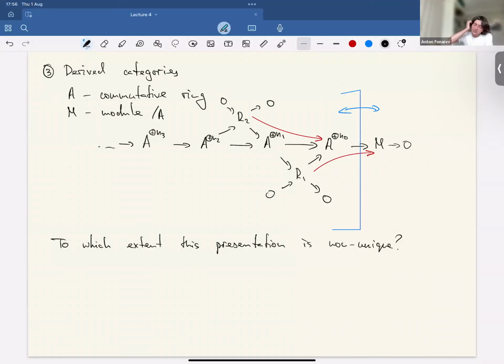Well, again, if you do a little bit of homological algebra, then you will find out the following two things.